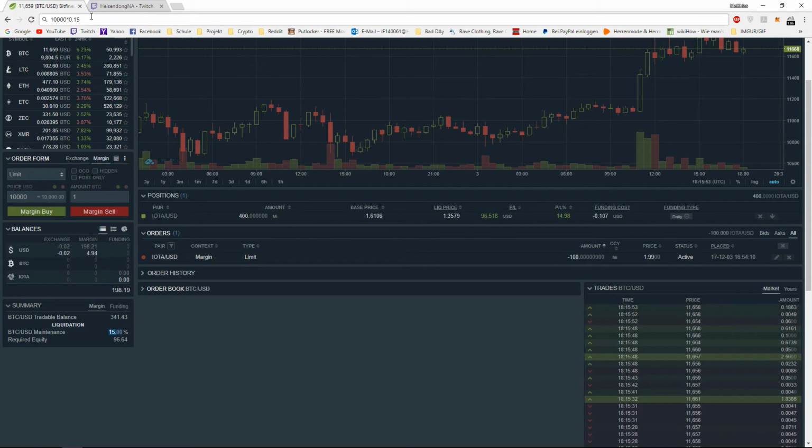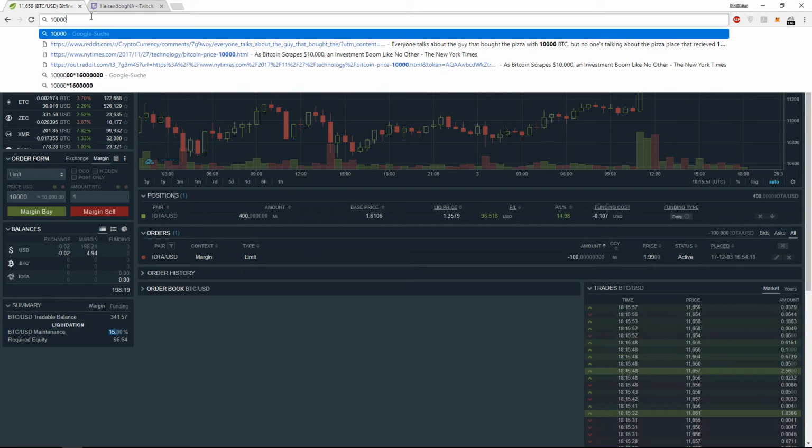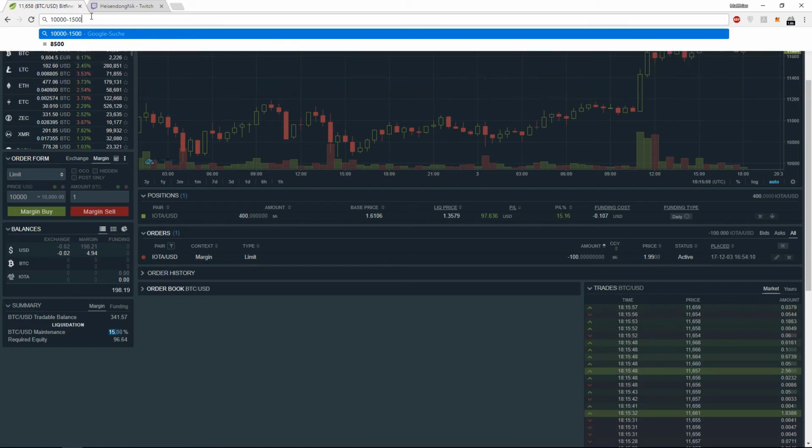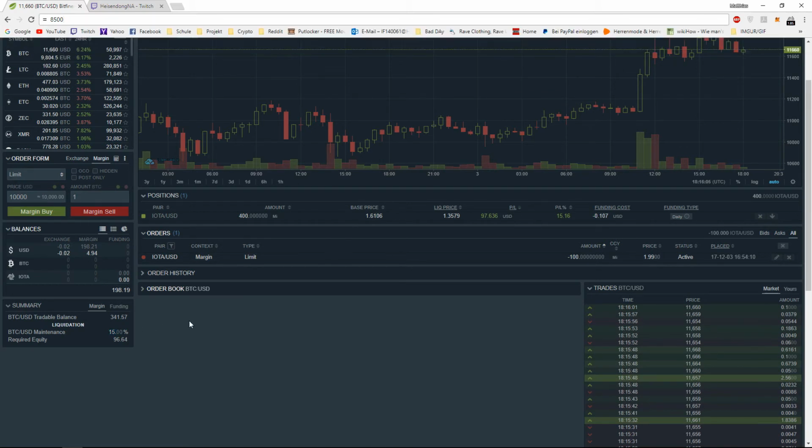Then you would get 1,500, and you do your initial value minus the maintenance, where we would be at 8,500. So your position would automatically be closed if the value decreases to 8,500.